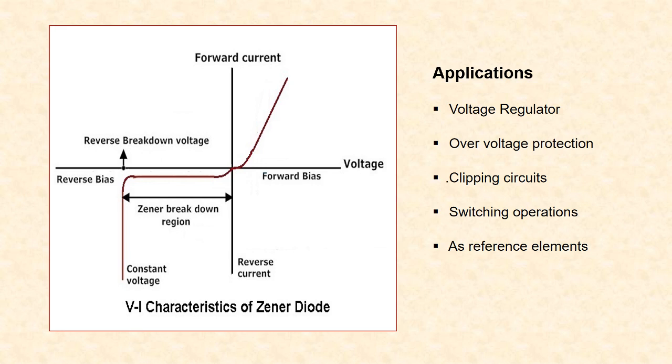This can be avoided by using Zener diode. Next, it is used in clipping circuits by limiting the parts of either one or both the half cycles of the AC waveform. It is used in switching operations, and it is also used as reference.